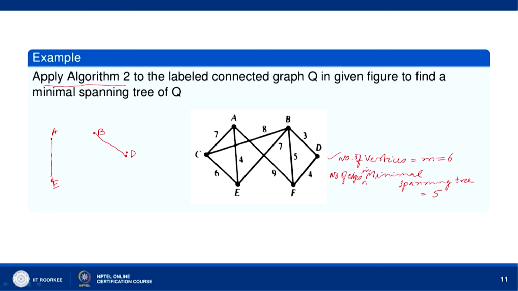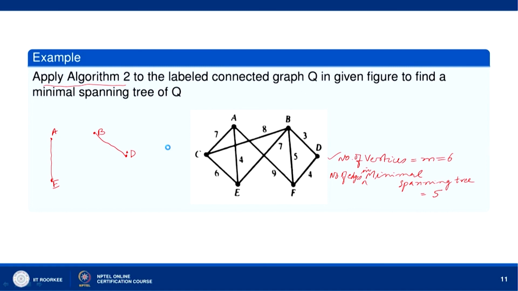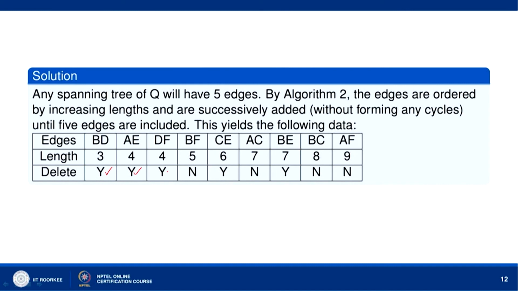We have added 2 edges. We are to add 3 more. Right. Then DF. Let us add DF. D and then F. So, this is DF. Now, shall we add BF?